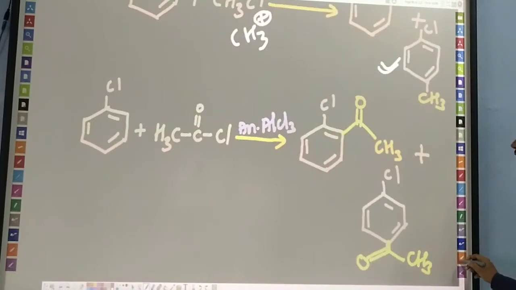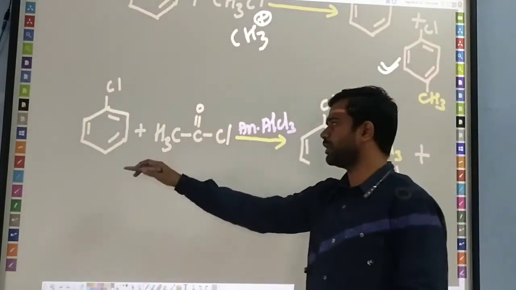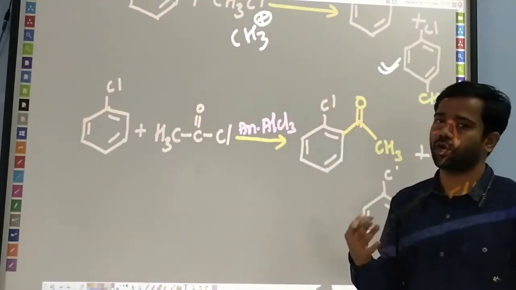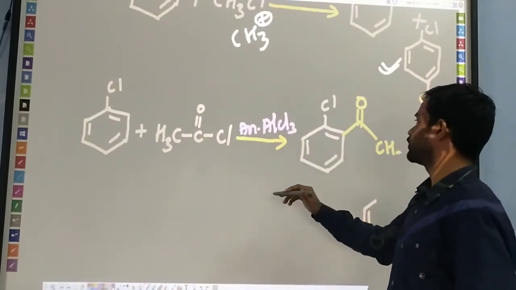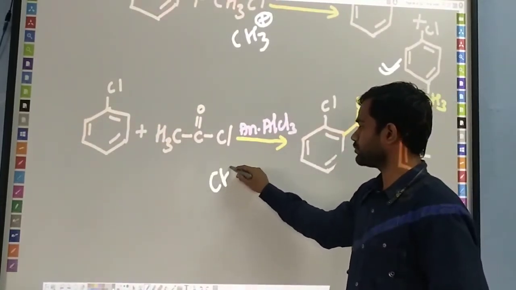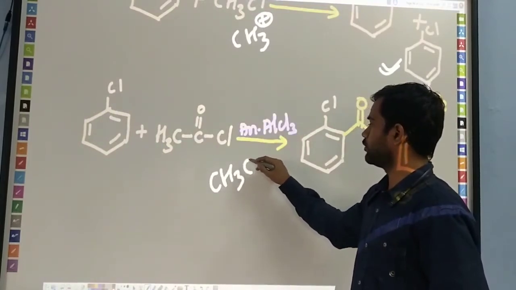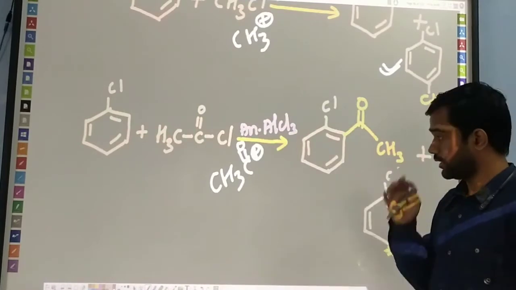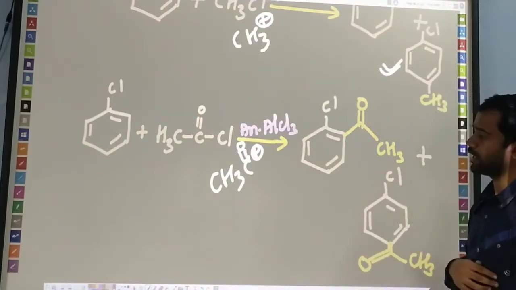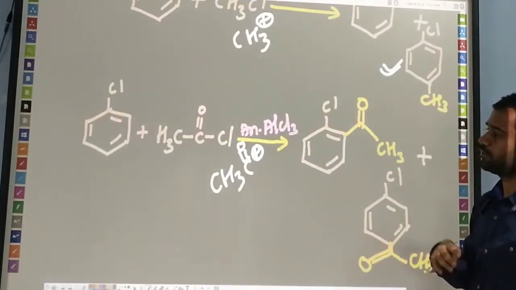Here we have taken the same chlorobenzene again in the presence of the acyl chloride. Okay, we have taken the acyl chloride. Just we have to observe, this is your electrophile here. Okay, acyl carbocation is our electrophile here.